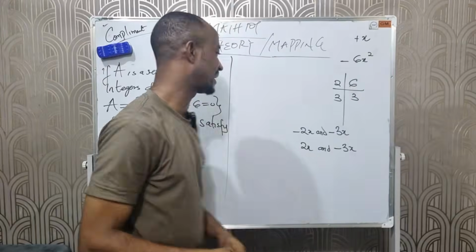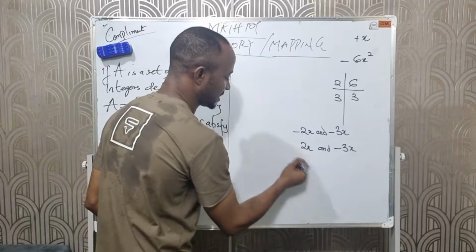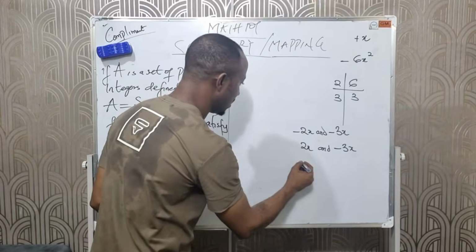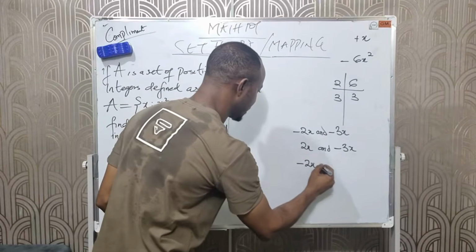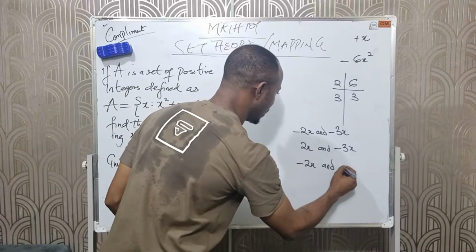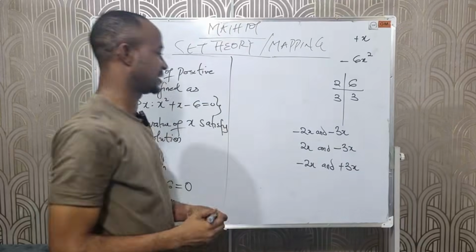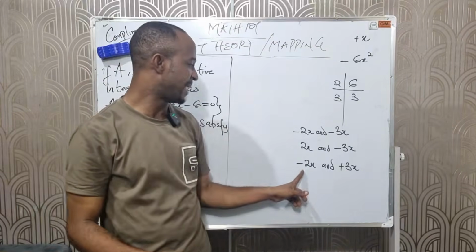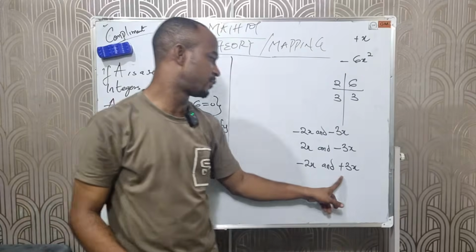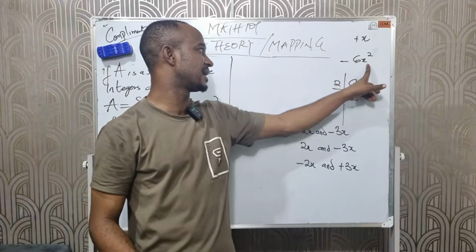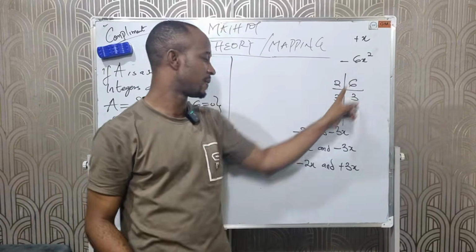So I can try again. Let's check this out. What we have is minus 2x and plus 3x. Minus 2x times plus 3x is minus 6x squared.